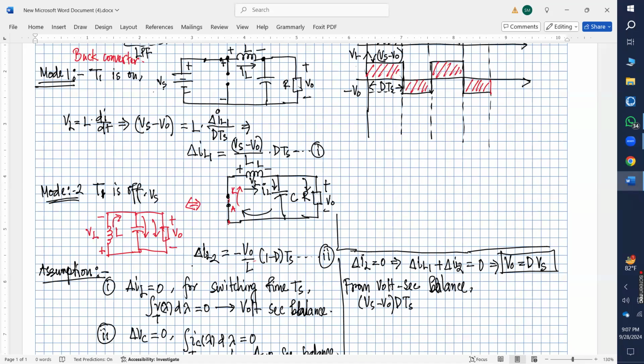And during the time when your switch is off, that is (1 minus D) multiplied by Ts, your voltage is minus V naught. So minus V naught multiplied by (1 minus D) into Ts should be equal to 0. If you simplify this equation, you will get the same result, that is, V naught is D multiplied by Vs. We derived this equation in the last class, right?